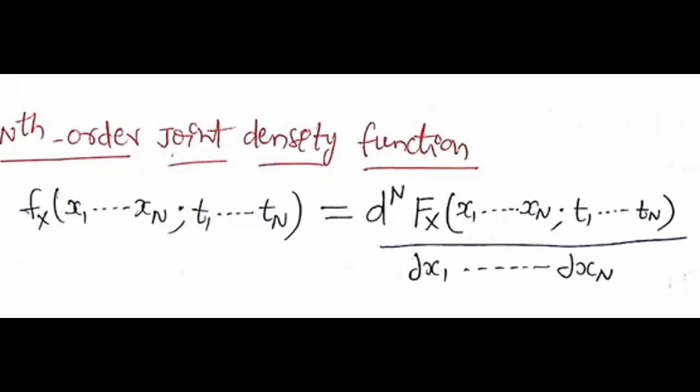In order to prove these two random processes are statistically independent, we have to show that the random variable group, that is x of t1, x of t2, and so on, x of tn, is independent of the group y of t1, y of t2, and so on, y of tm.